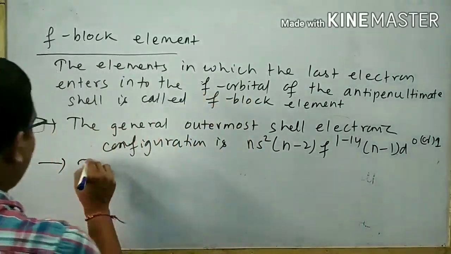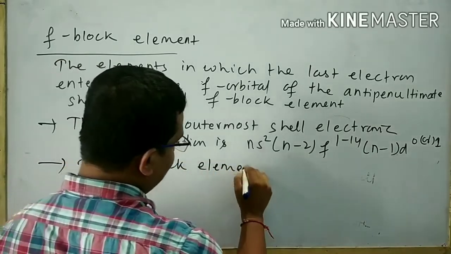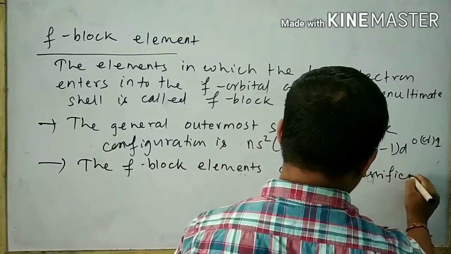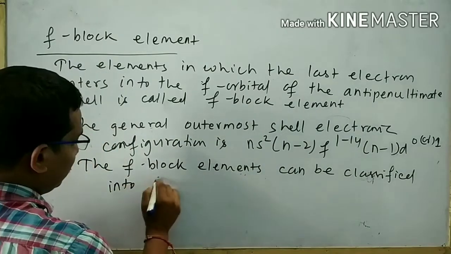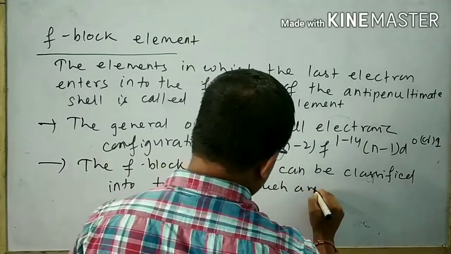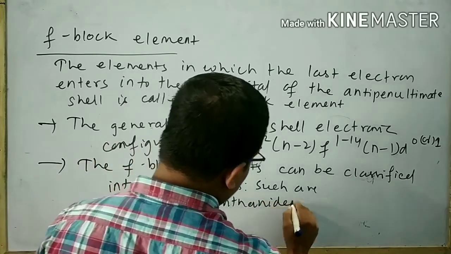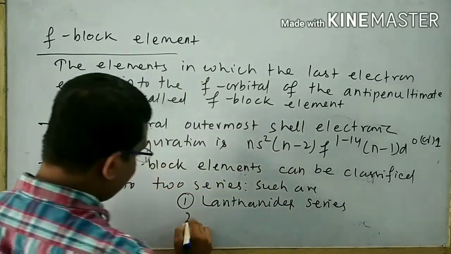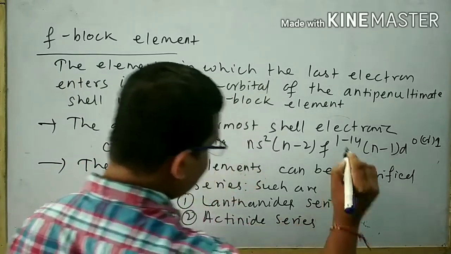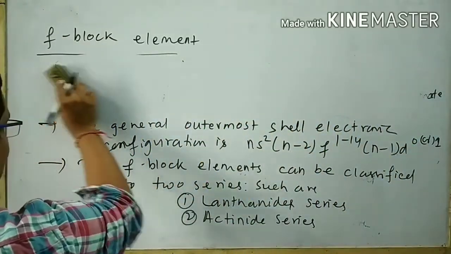So we can write, the F block elements can be classified into 2 series: number 1 is your lanthanide series, number 2 is your actinide series. At first I will discuss the lanthanide series.